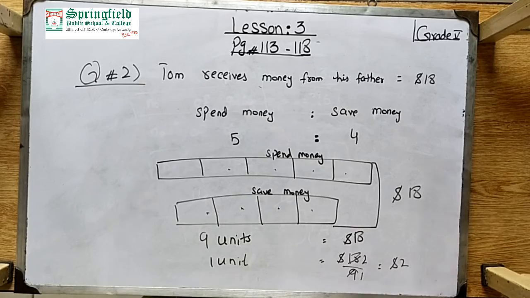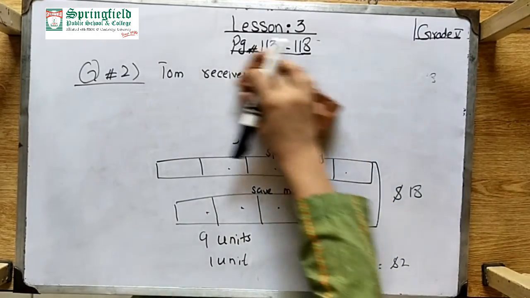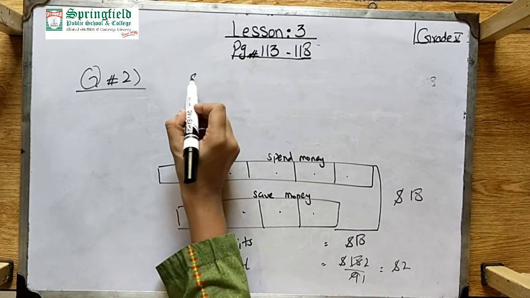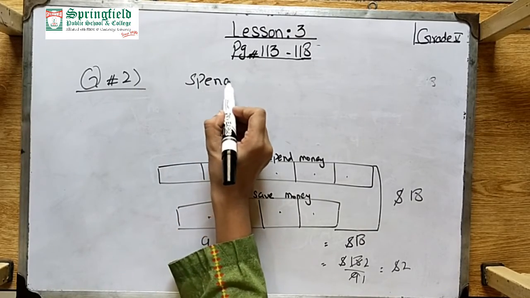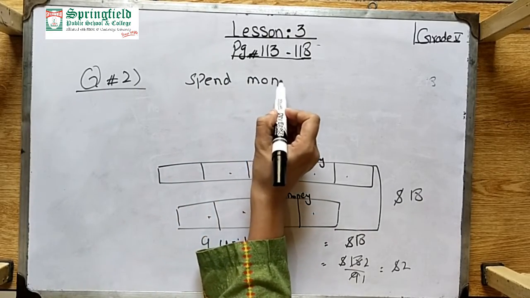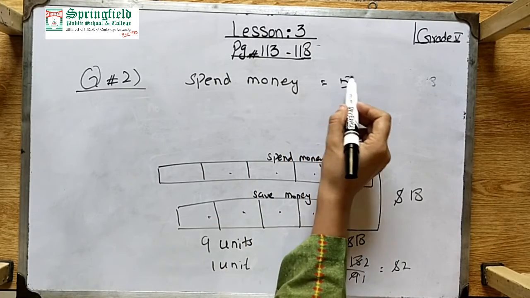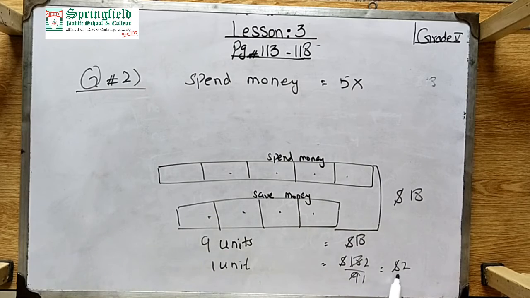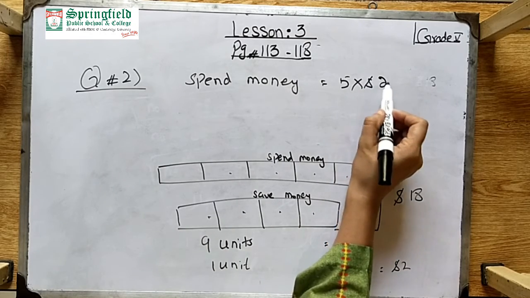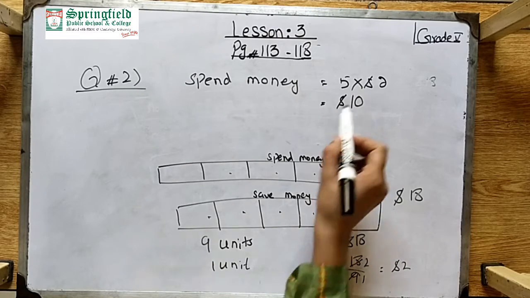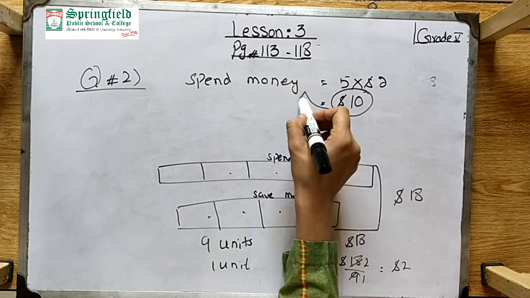So spend money: how many units are here? 5. So 5 multiplied by $2 per unit, 5 twos are 10. It's the spend money.